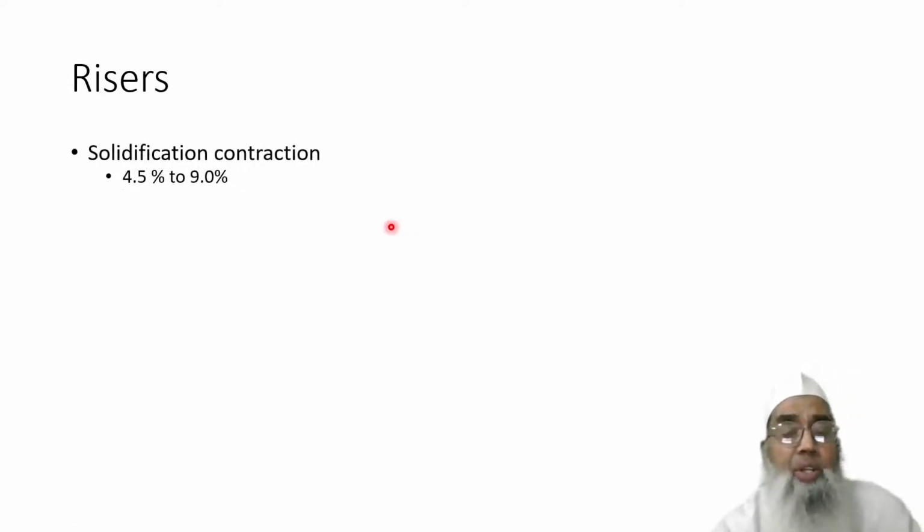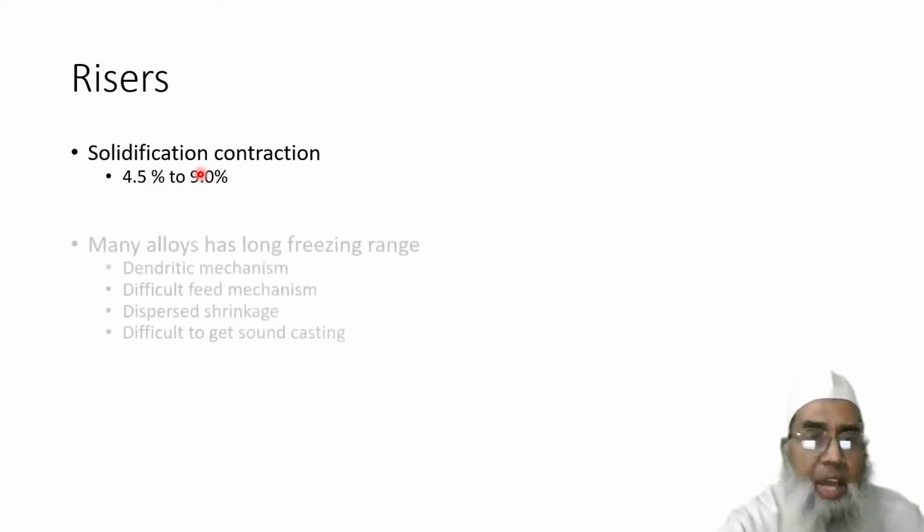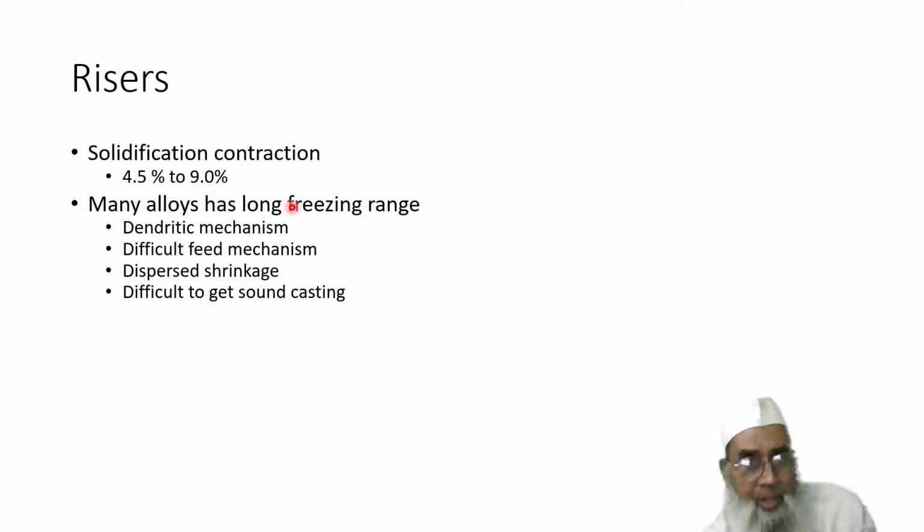However, regarding risering, you know that the solidification shrinkage coefficient of copper is 0.5% to 9%. Therefore, risering is very important. Many copper alloys have a long freezing range.